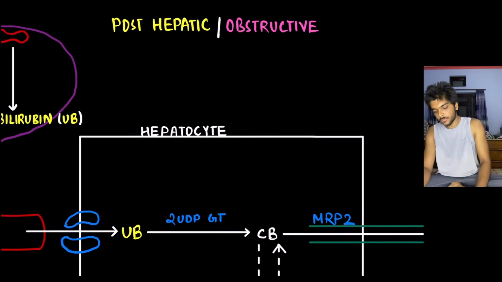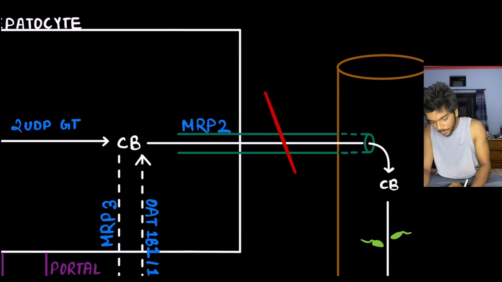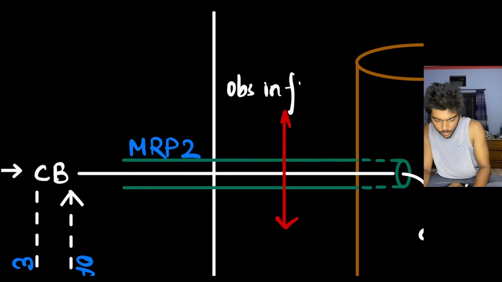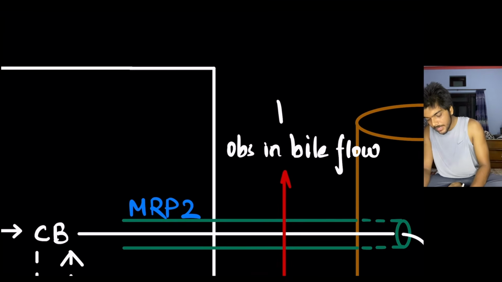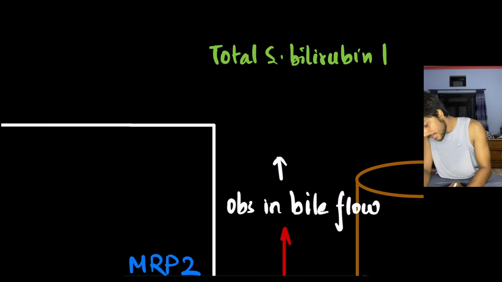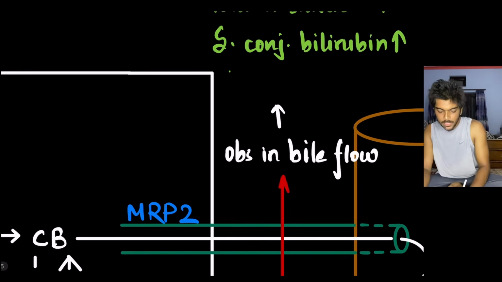So what happens? Due to obstruction in bile flow, also referred to as cholestasis, it results in total serum bilirubin increases, serum conjugated bilirubin increases, but the serum unconjugated bilirubin is normal.